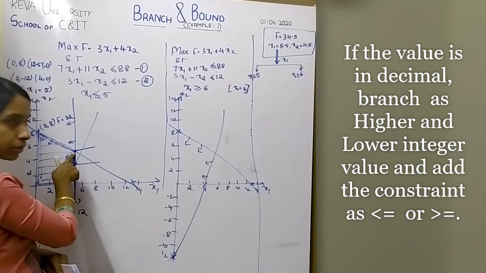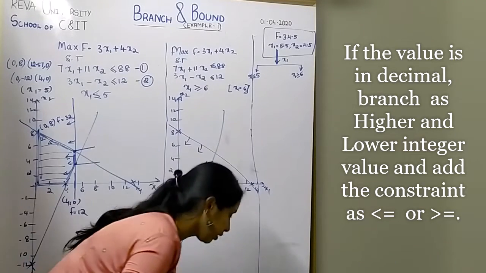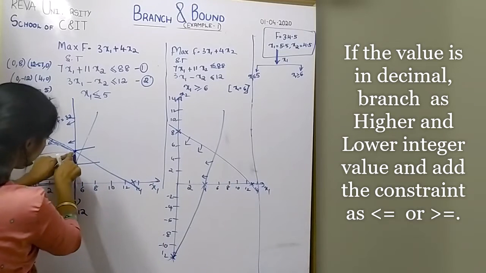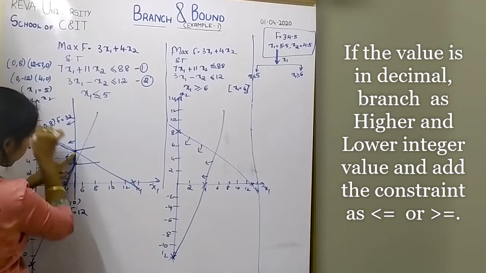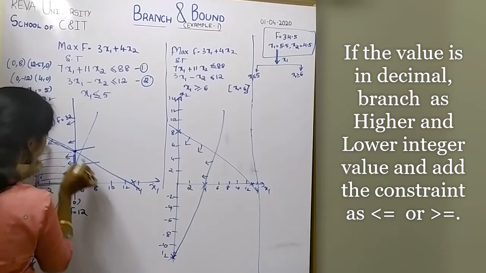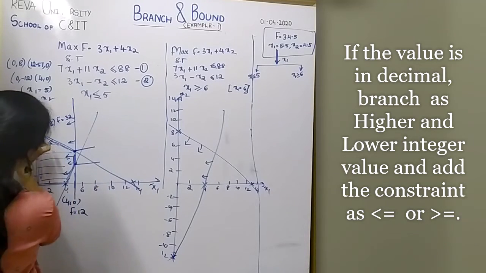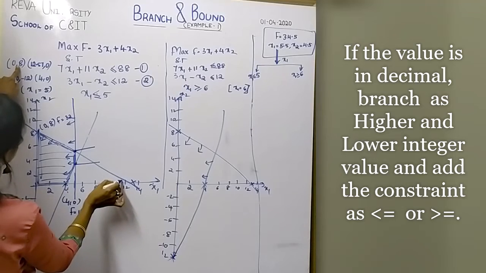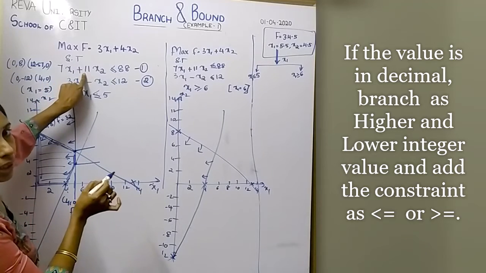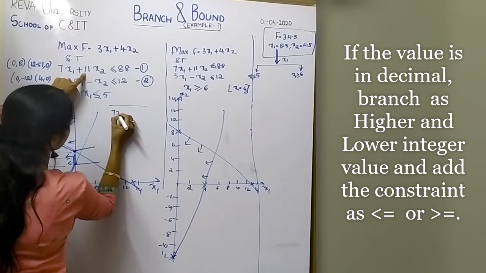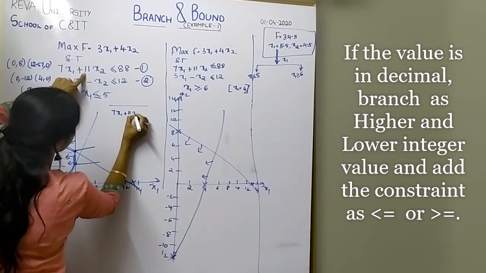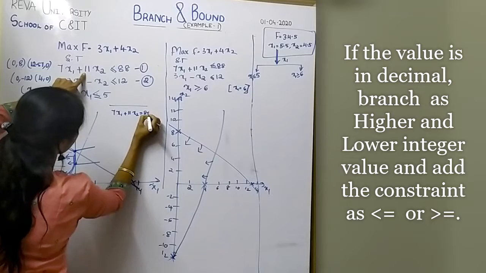How will you find the value here? To find the value here, you have to see from which two equations you got this intersection. One equation is the first one, 7x1 plus 11x2 equal to 88.